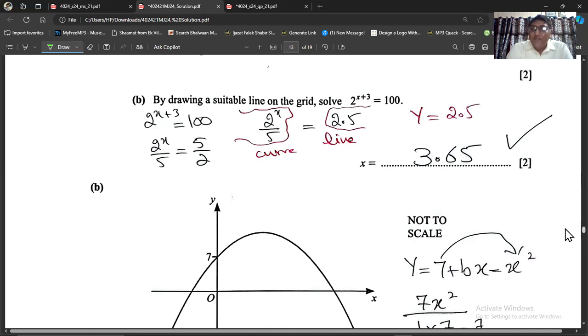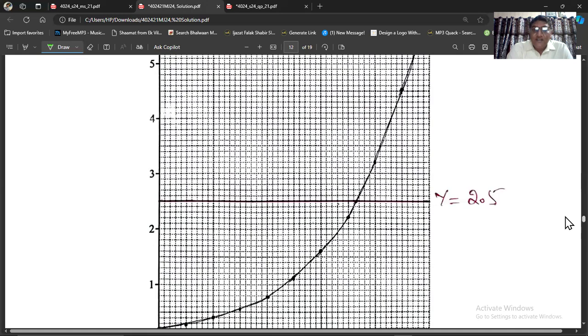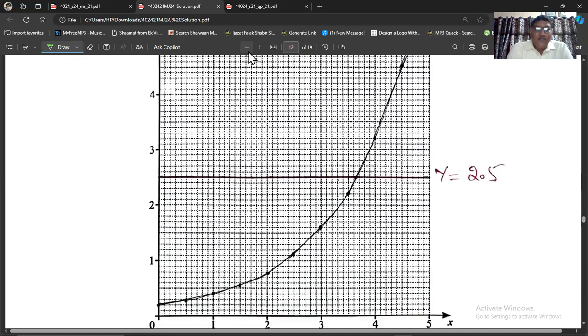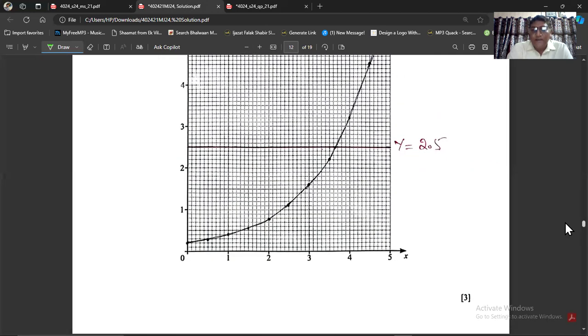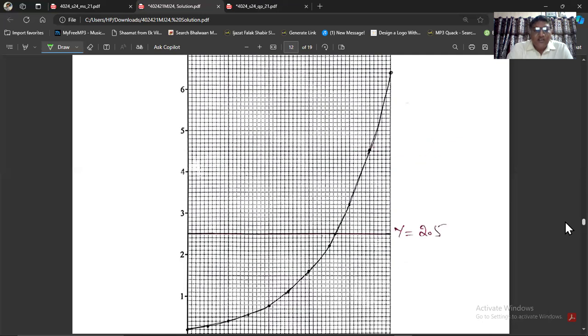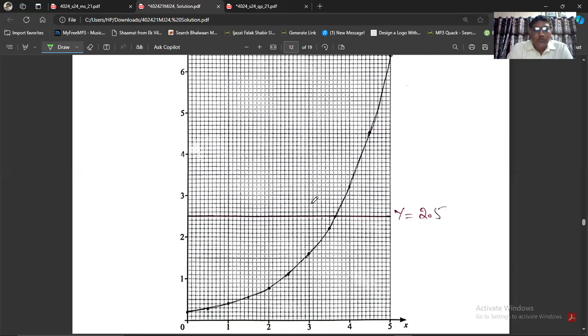So you can see here, I have drawn the line y equals 2.5. This will be a horizontal line. When it cuts my graph, the graph of 2 raised to power x divided by 5, when this line and this curve intersect each other, I will check what is the x value of that point of intersection.